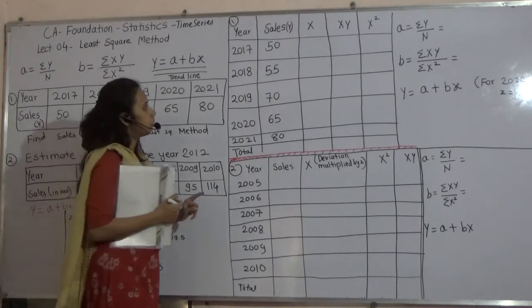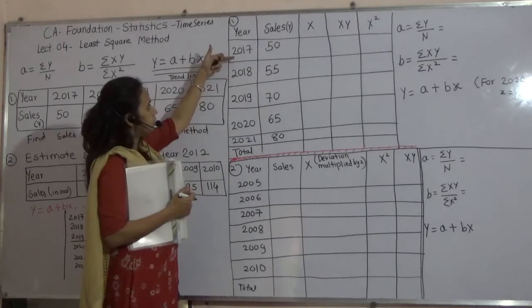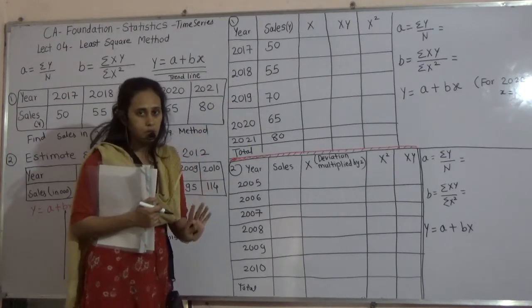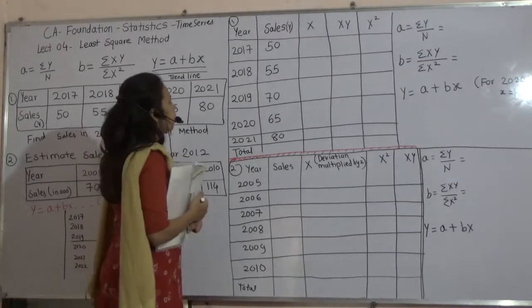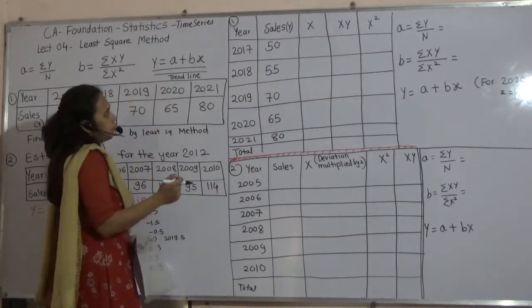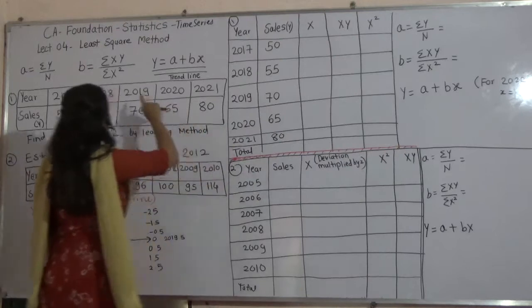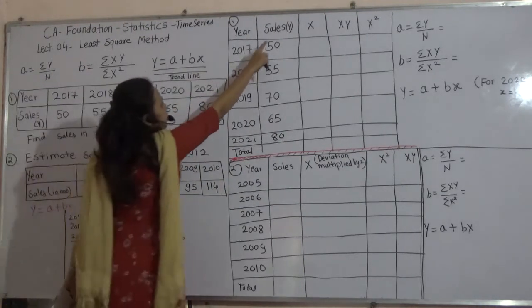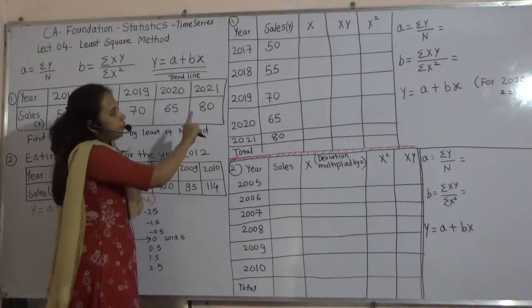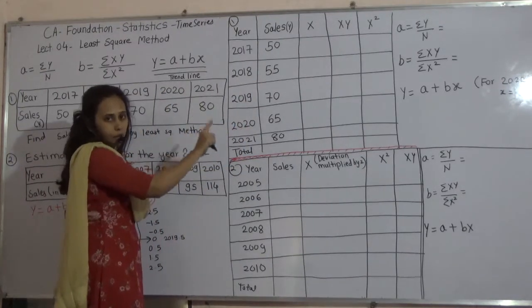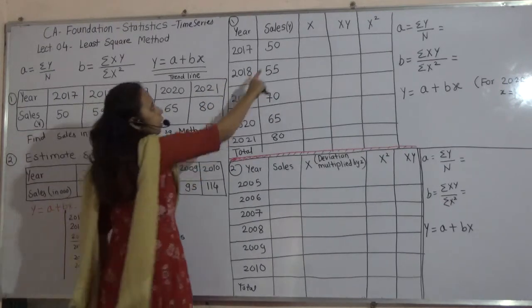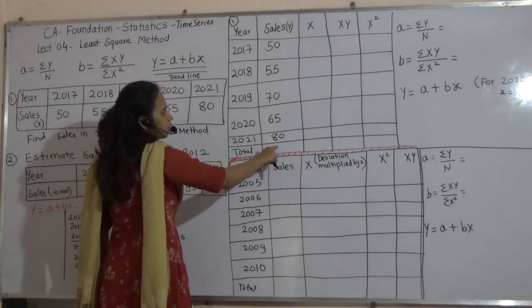First of all, see the number of years: 1, 2, 3, 4, 5. Total 5 years, so no confusion. We have to find summation y. Summation y means, with the year, whatever data they have given you, you have to take the total of all this y.